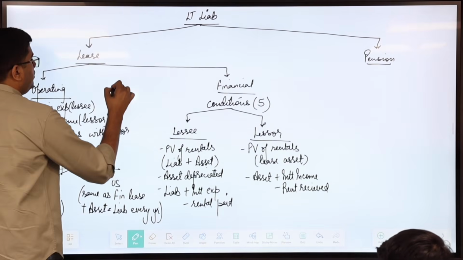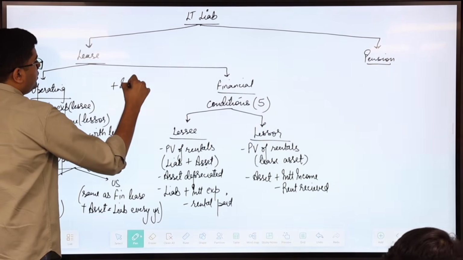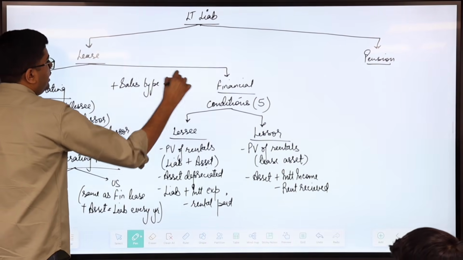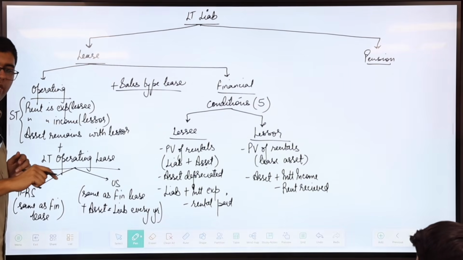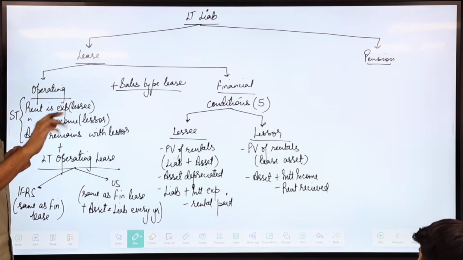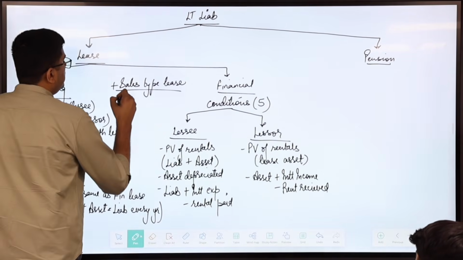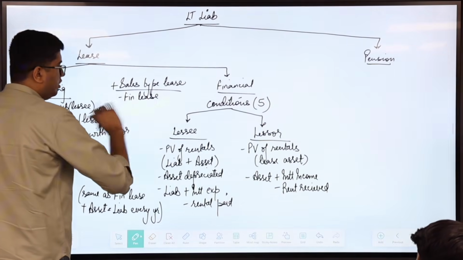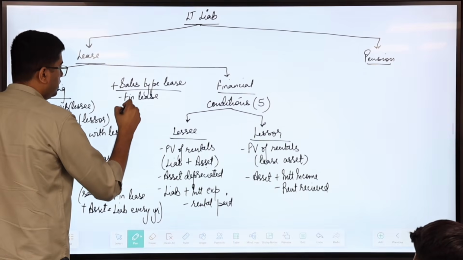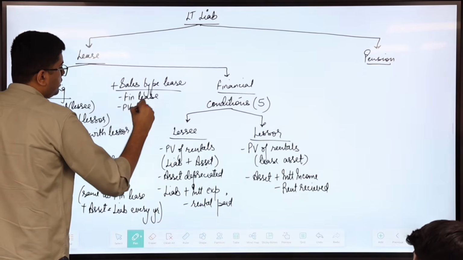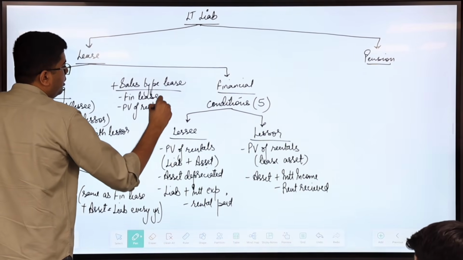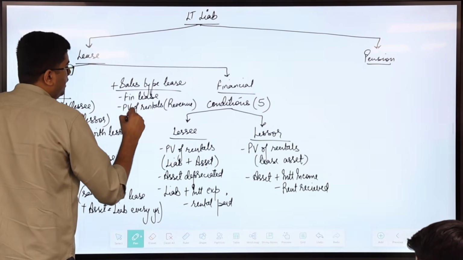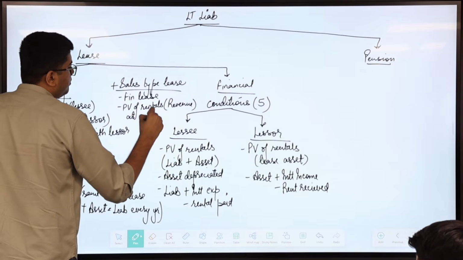Apart from this, we get sales type lease. Sales type lease is when the lessor is either manufacturer or dealer of the asset. So in this case, all the treatment same as financial lease, plus present value of rentals will also be reported as revenue at initial sale.